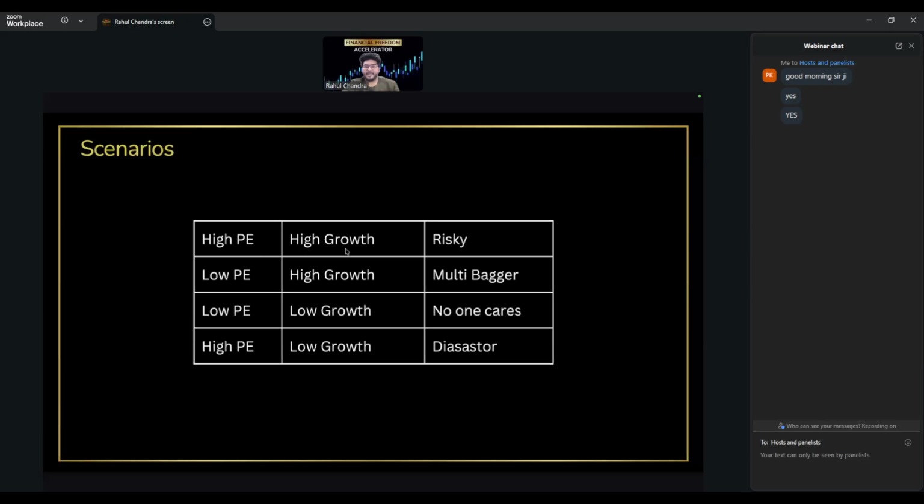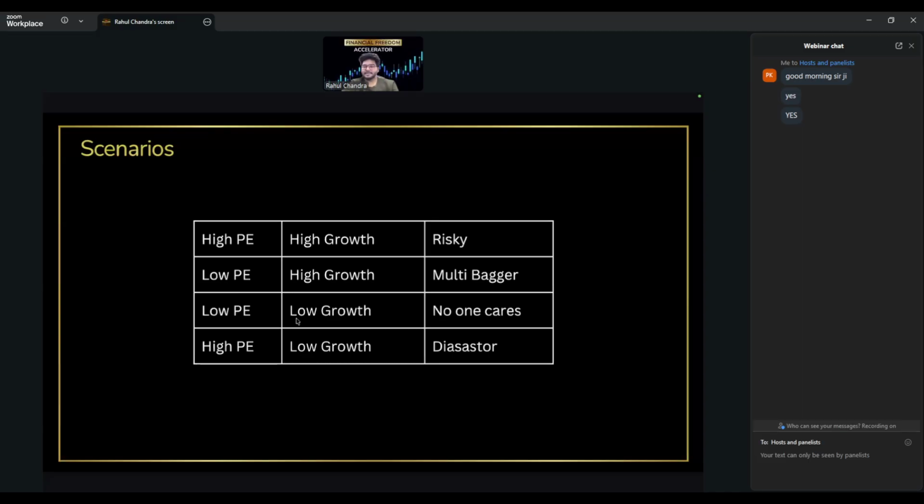High PE with high growth is risky. That means you're paying a lot of money, and growth is also high, which is risky. You want the PE to be low and the growth to be high. So what is the PEG ratio in this case? Low PE, high growth, it is much lower. That is where you have multi-bagger opportunities. If the PE is low and the growth is also low, no one cares about these stocks.